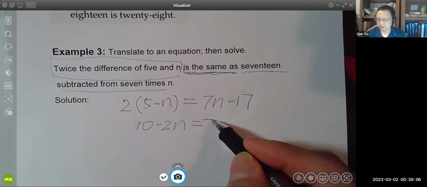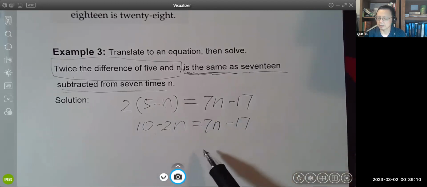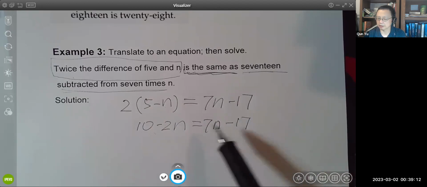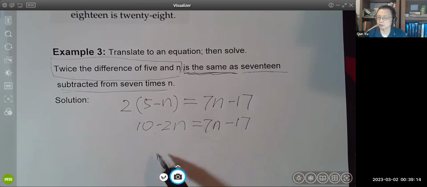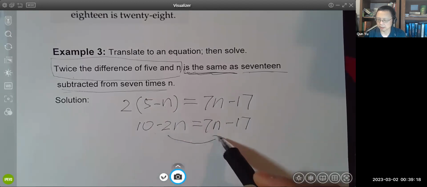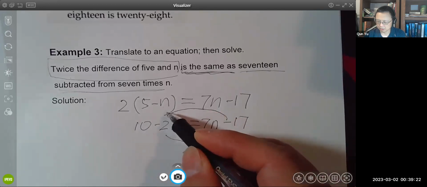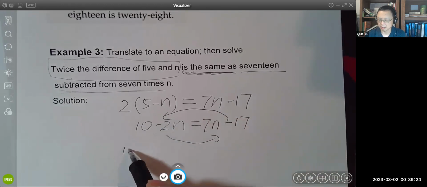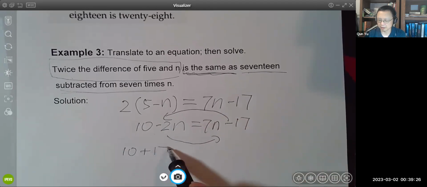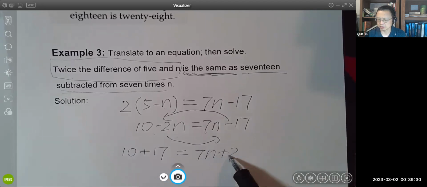The other side, 7n minus 17. Now we need a variable on one side, number on the other side. That's why I need to move these terms. So negative 2n to the right-hand side, at the same time, negative 17 to the left-hand side. So 10 plus 17 equals 7n plus 2n.